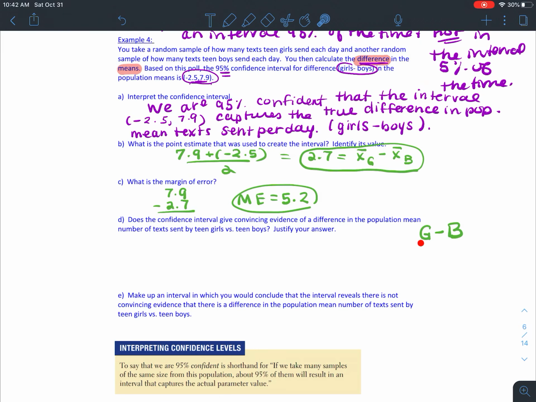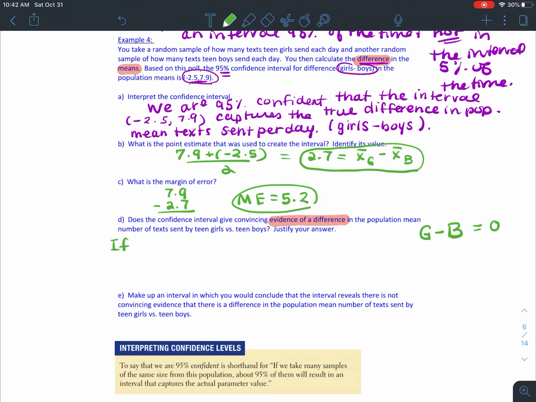If there was no difference, then when we subtracted those, we would expect to get 0. Okay, there's no difference. If they're the same, subtracting two numbers that are the same is 0. Okay, so what you're looking for when it asks whether we have the evidence of whether there is a difference, you want to look and see, was 0 a plausible value in your confidence interval?